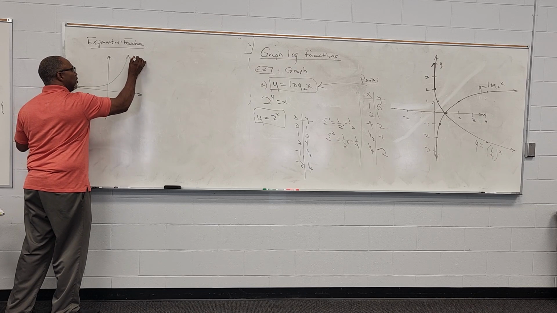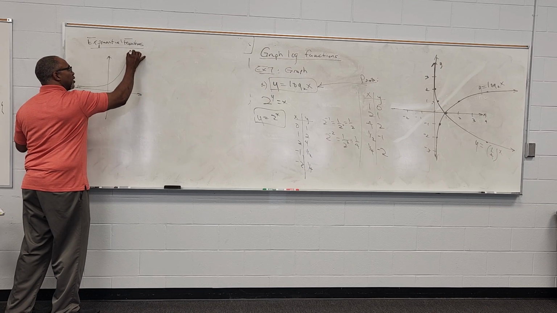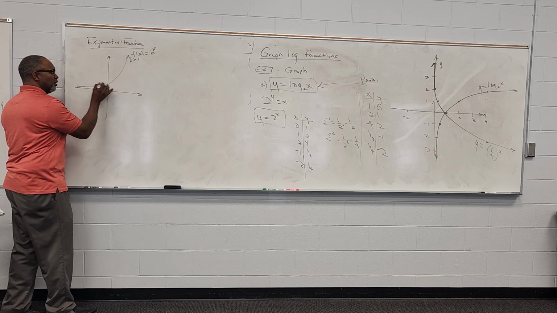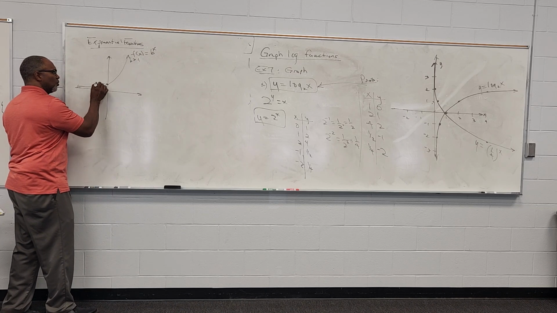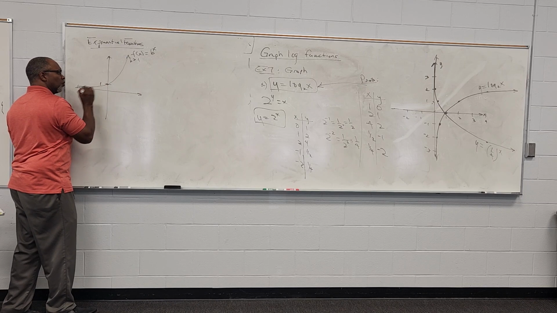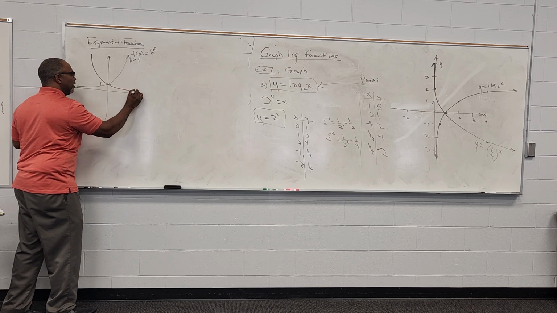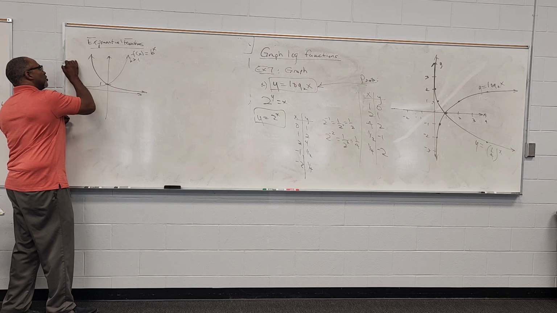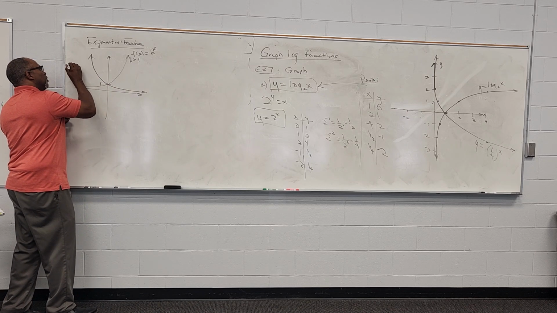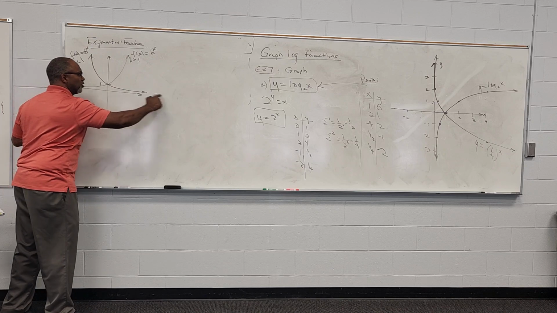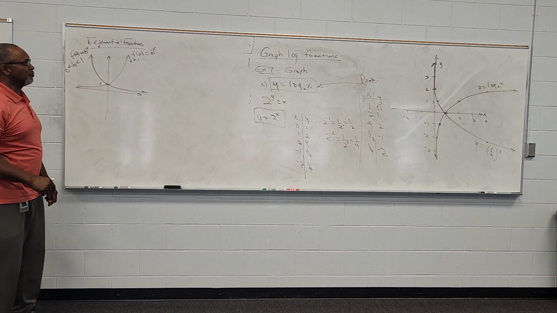This is when b was greater than 1, right? f of x equals b to the x. With b greater than 1, they all cross right here, (0, 1), right? And when b was less than 1, it would be a decreasing function. So this was b greater than 0, less than 1, f of x equals b to the x. They'd all be decreasing. That's how exponential functions work.